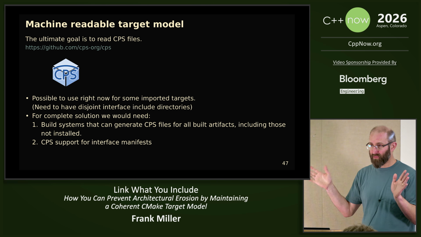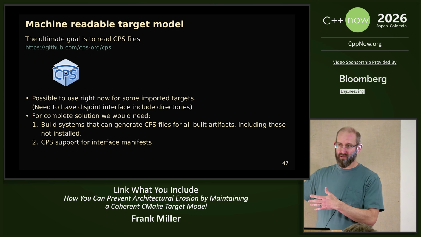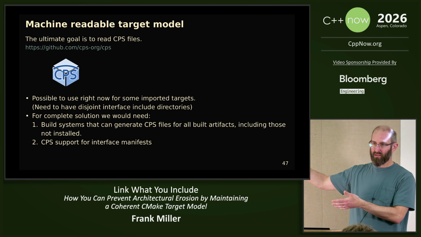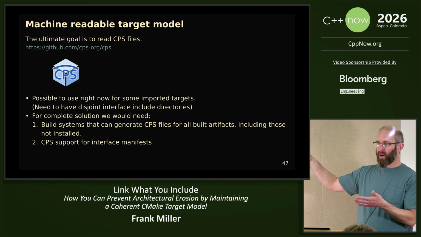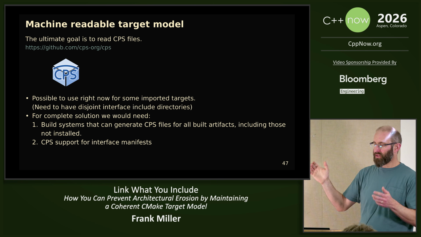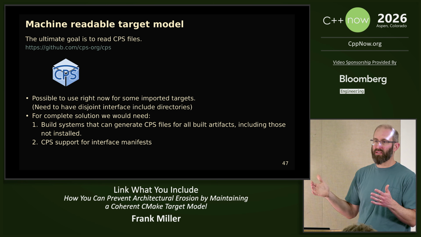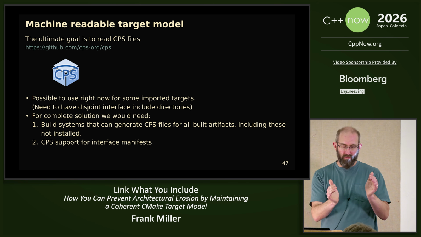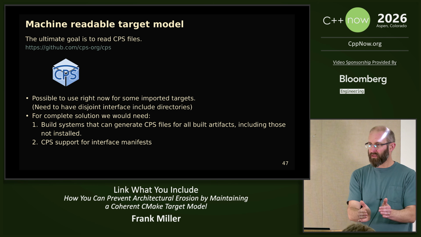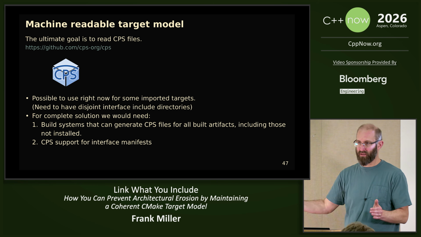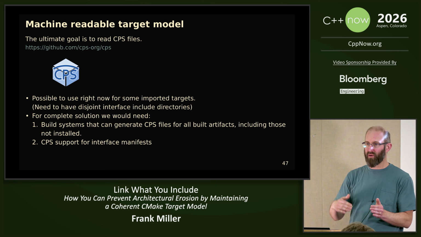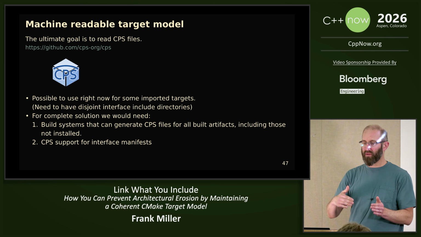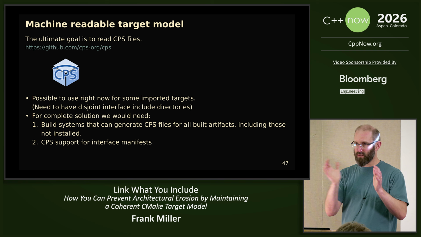So for the machine-readable target model, the ultimate goal is to use CPS. CPS stands for Common Package Specification. It's an emerging standard that describes, for a software package on your file system, how you use it. If you're a build system or a package manager or something, this is how you use this thing, right?